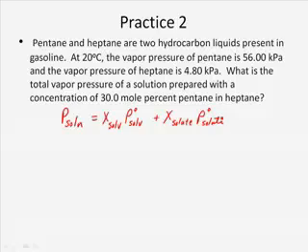Now, when we have the two liquids, it's really not going to matter which one we consider the solvent and which one we consider the solute. Typically, the one we have more of would be our solvent, but for this calculation, it's not going to make any difference. So we have the two liquids present, and I'm going to separate out our information here.